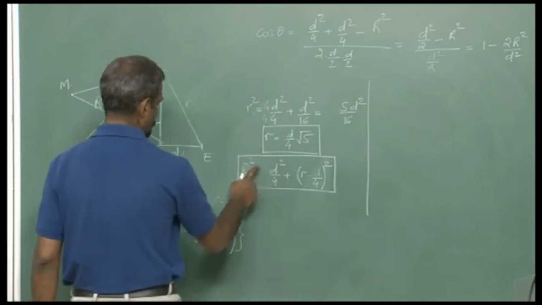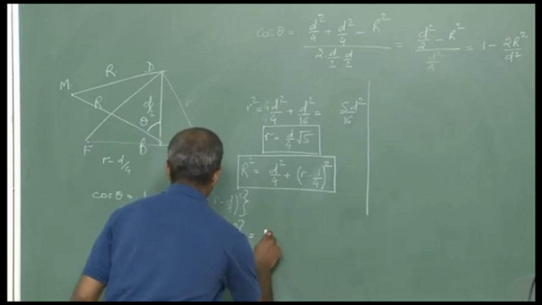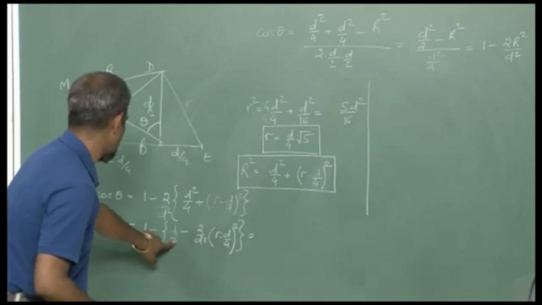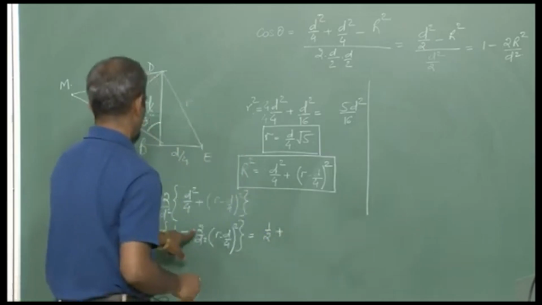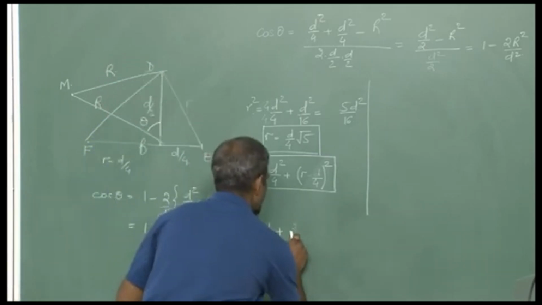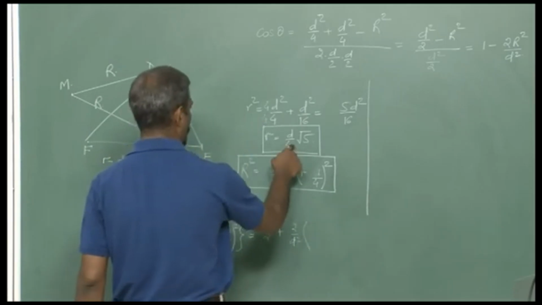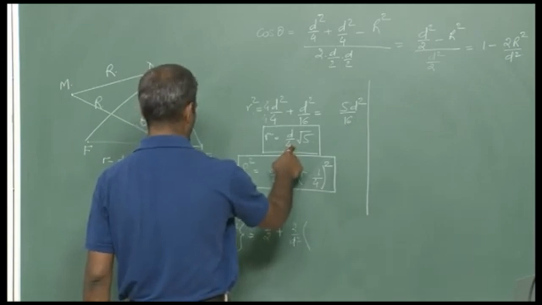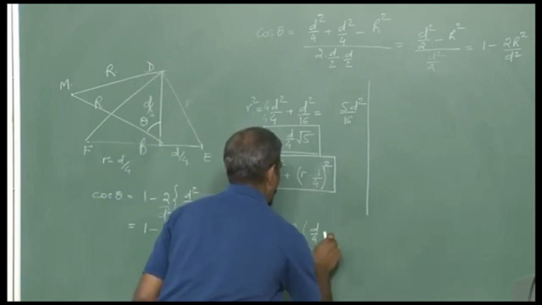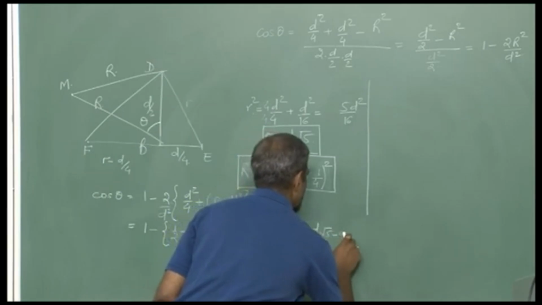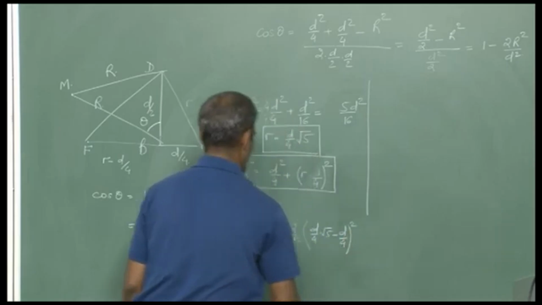Let's substitute this value over here and let's see what we get. This is equal to, well, half plus 2 over d squared, and this is d over 4 root of 5 minus d over 4 the whole squared, right?